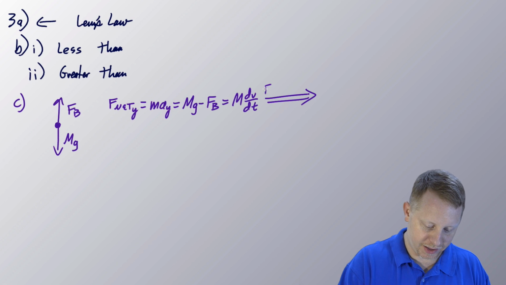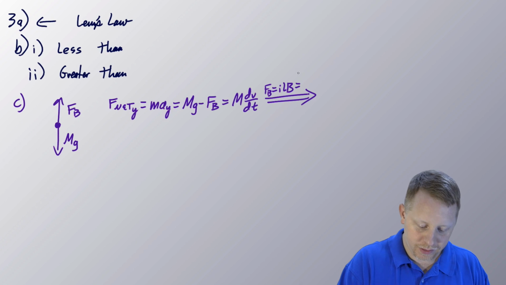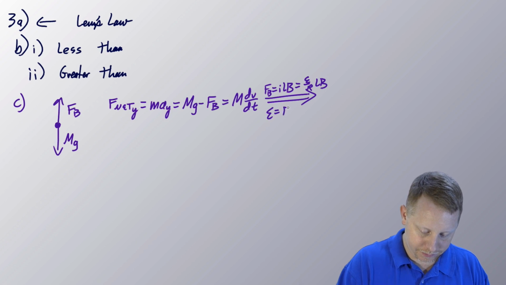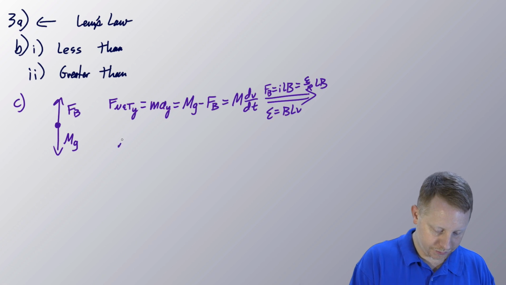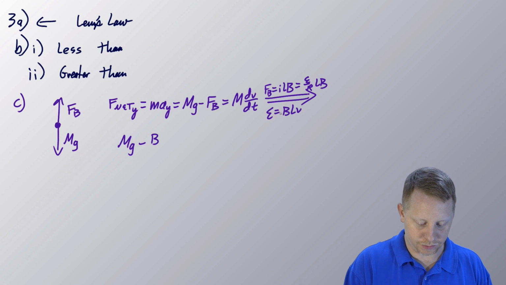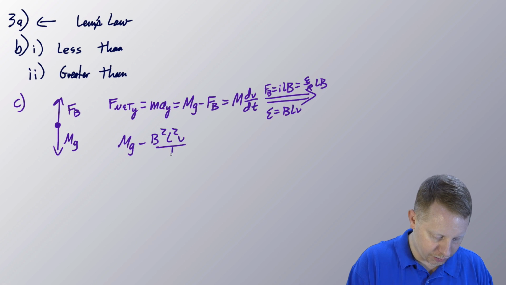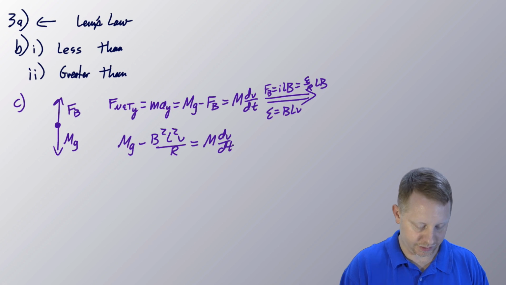Therefore, I could write, since the magnetic force is equal to ILB, one of those formulas we should really know by now, and our current is our EMF divided by our resistance, LB, then E must be BL times our velocity. Therefore, mg minus, we'll replace our magnetic force with B squared L squared V divided by R, must all be equal to m dV/dt.